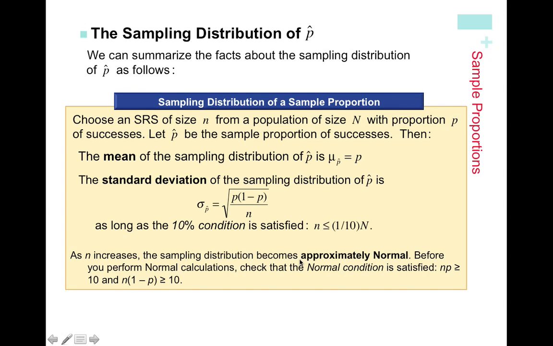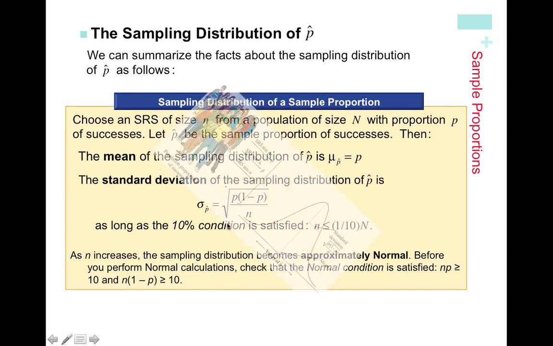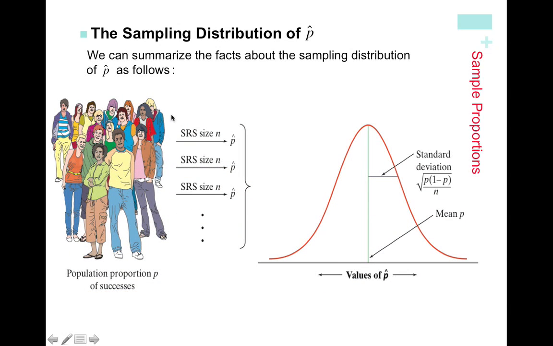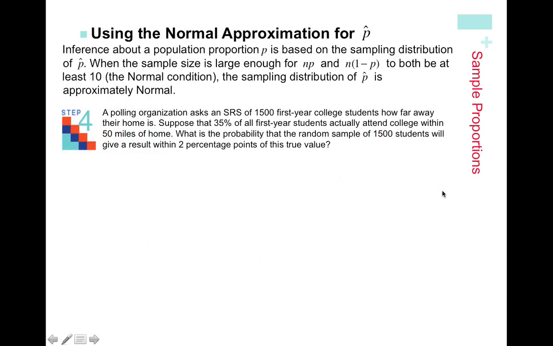And then the sampling distribution will be approximately normal as long as this condition is met. And again, remember, you have a population, you take all possible samples of a certain size, find all the p hats, create the distribution. That distribution has a mean of p and a standard deviation of the square root of p times 1 minus p over n.